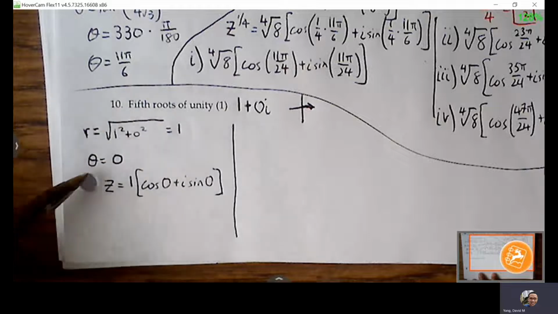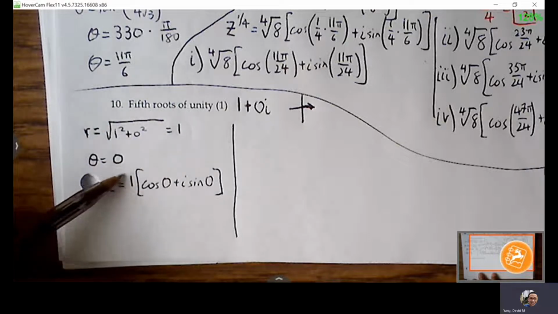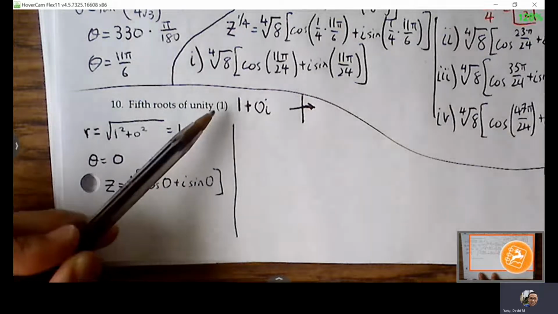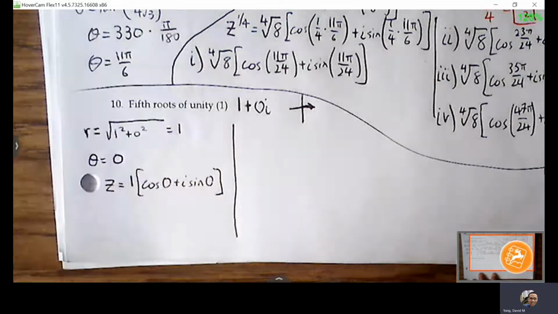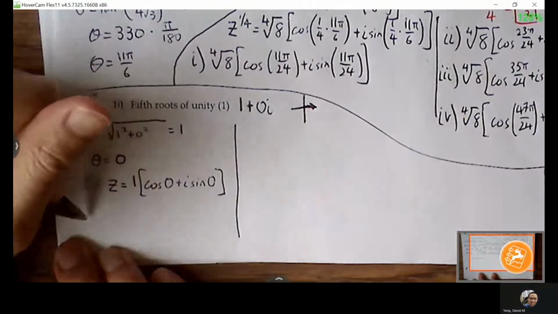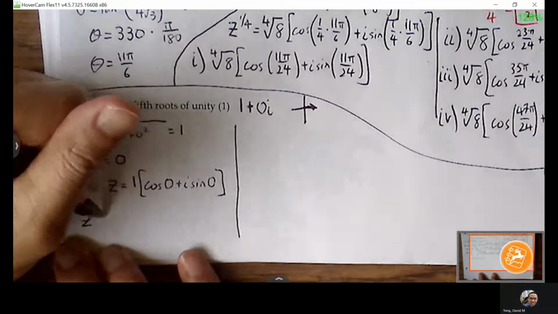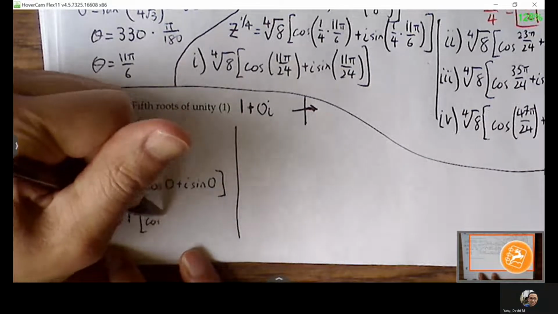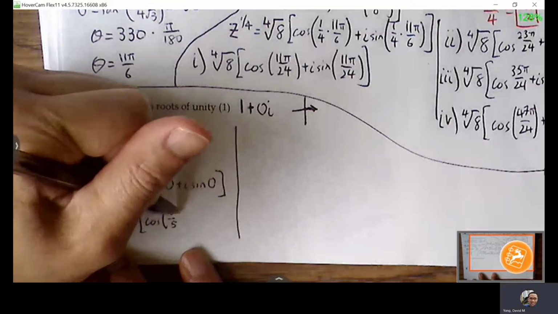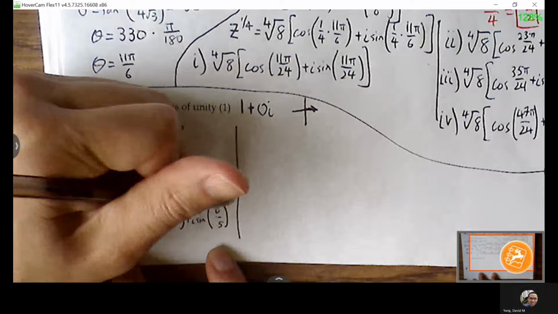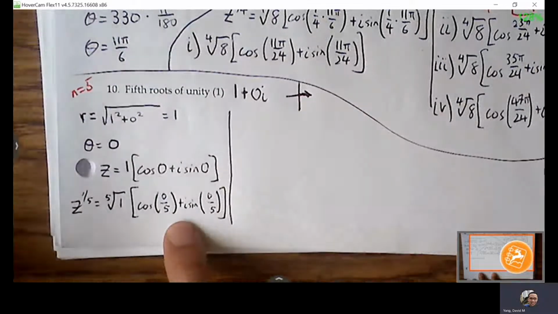So 5th root means I have to take that r, raise it to the 1/5, or take the 5th root of 1, and then divide my theta measure by 5, right? 5th root, so n equals 5. So that's my first solution.